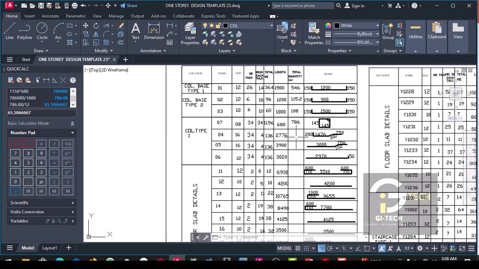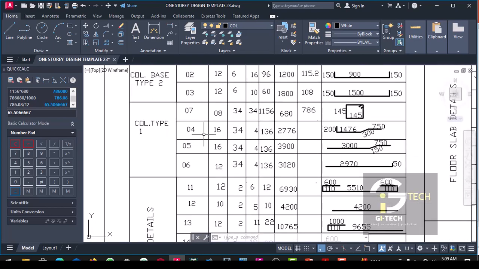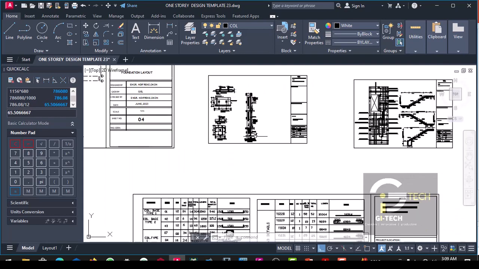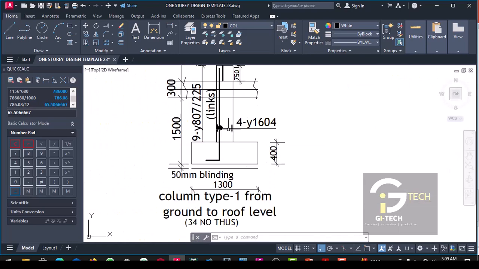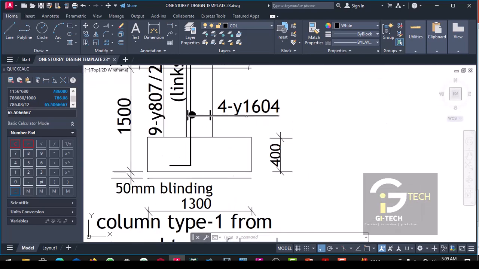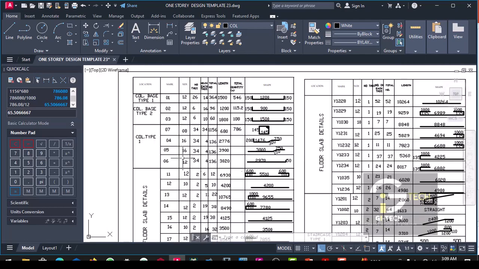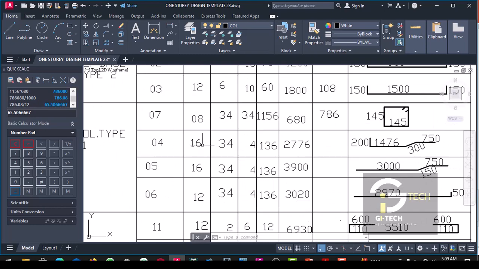Then the next one is for us to calculate the main reinforcement of the column. So we have here 04, and 04 has Y16. The diameter of reinforcement here is Y16.